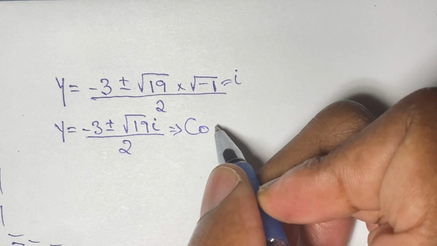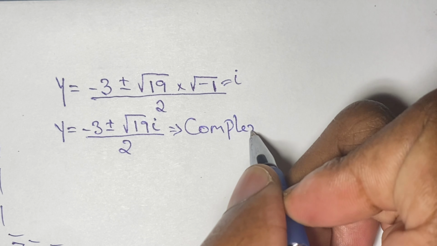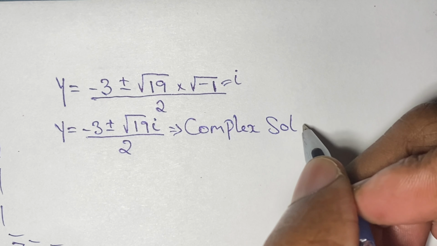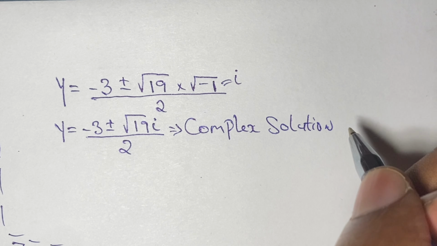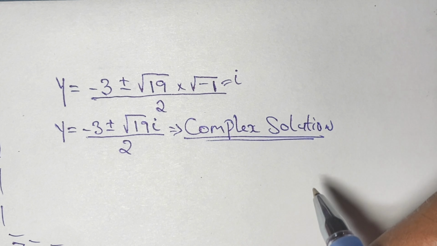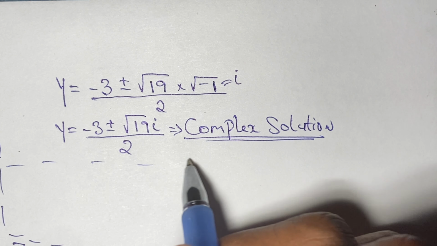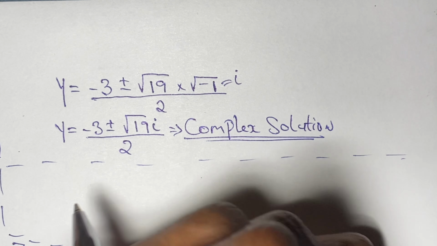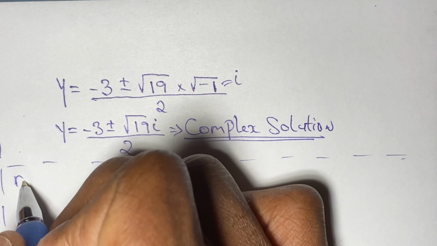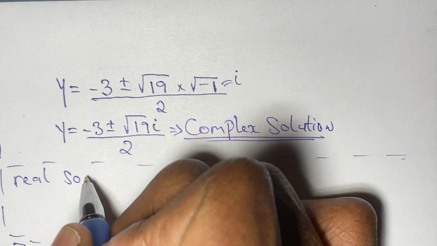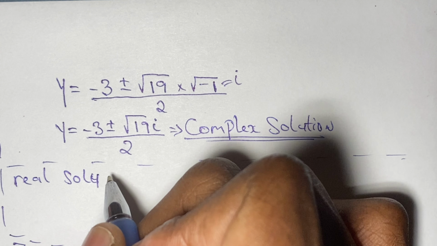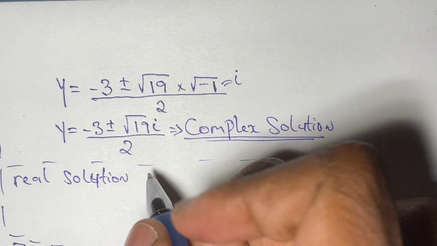Now the value of y in this case is what we call an example of a complex solution, since we have the letter i, which is an imaginary number, so there is no real solution here. So we know that we have a real solution, and that is that y is equal to 2, and that's what we'll be using to solve our equation. So let's look at our real solution of y.